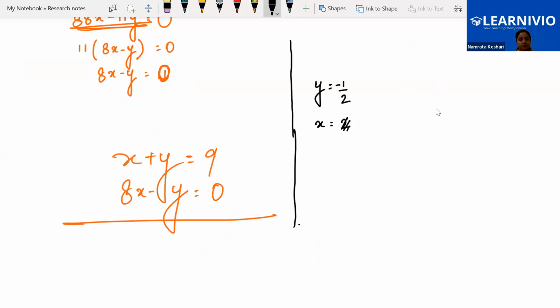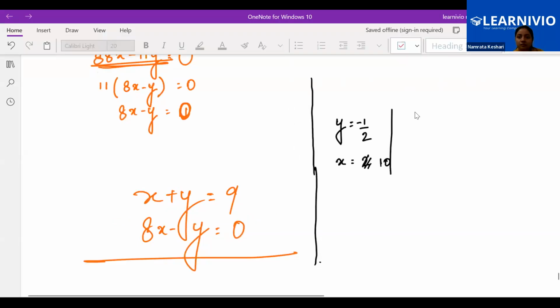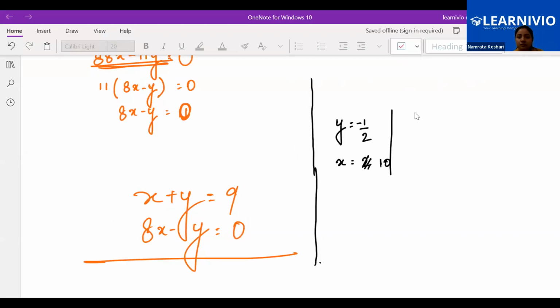I'm getting x as 10. Ziana, what are you getting? I'm getting y as 8, and x as 1. Okay, let's check quickly.